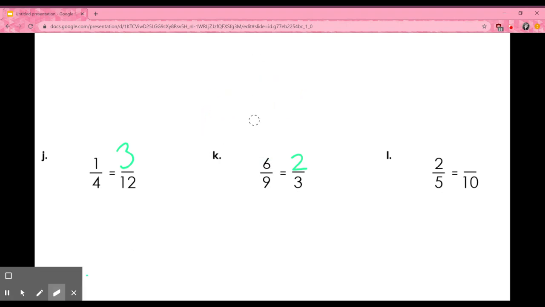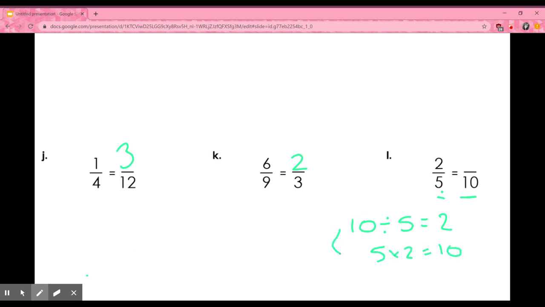And finally, we have 2/5 and some amount of tenths. In this case, our 10 is bigger, so we're going to take 10 and divide it by 5. 10 divided by 5, I'm going to count up by 5s until I hit 10. 5, 10, 2. So they did 5 times 2 and got 10. Fact family.